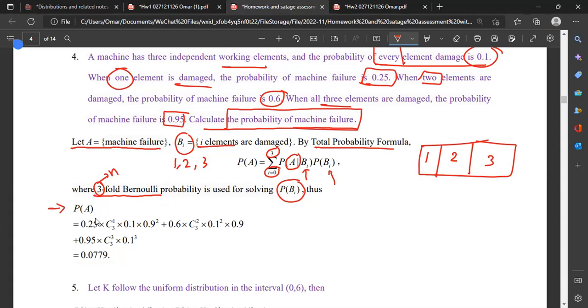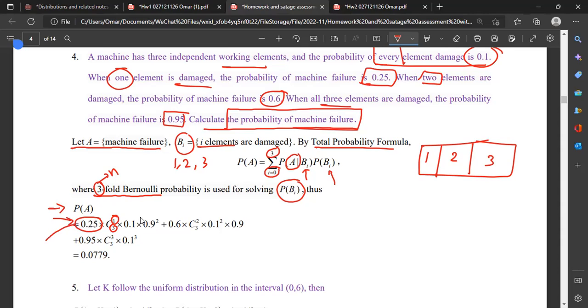So it will be the probability of the first element. If the first element is damaged, the probability of machine failure is 0.25. So here 0.25, and we take 3 out of 1, right? 3 out of 1 elements are damaged, and then the probability of machine failure when the first element is damaged is 0.25.